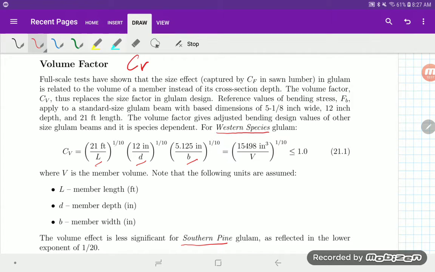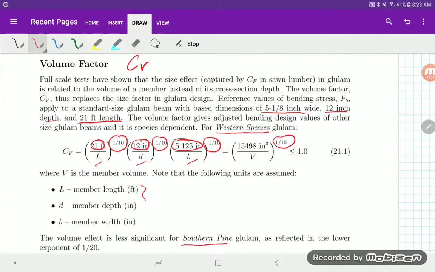If it is Western species, then there's a factor that shows up here, this exponent, and it's always 1/10. You see? This number, once we've computed all of these together, where L has a specific length, that's our reference. Here's our reference width and our reference depth. So that means L reference is 21 feet, 12 inches, and 5 1/8 of an inch.